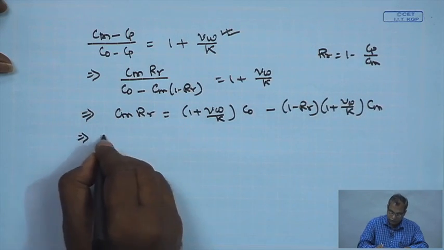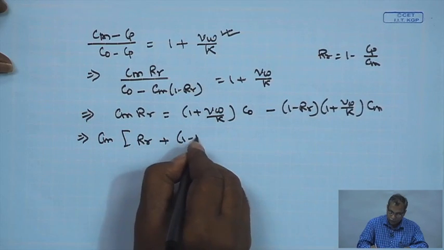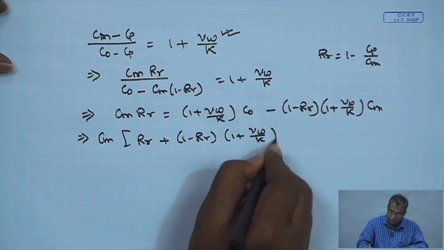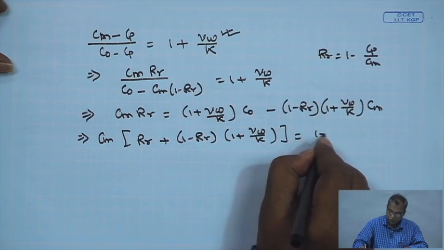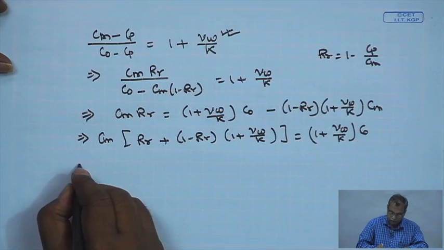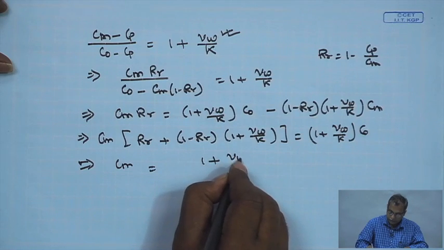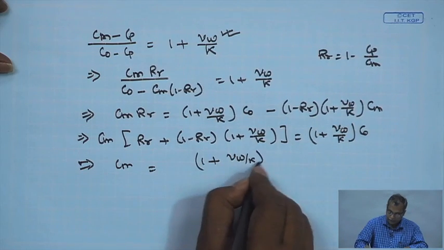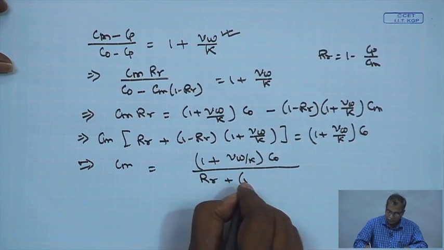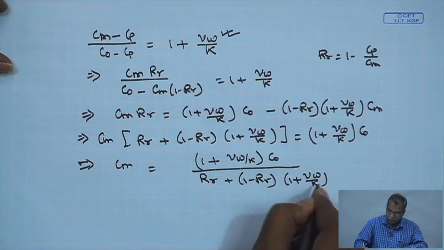So, Cm will be Rr plus 1 minus Rr times 1 plus Vw by k on one side, and 1 plus Vw by k times C naught on the other, so one can estimate the value of Cm as 1 plus Vw by k times C naught divided by the denominator Rr plus 1 minus Rr into 1 plus Vw by k.